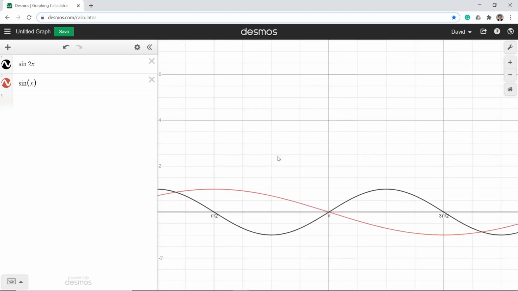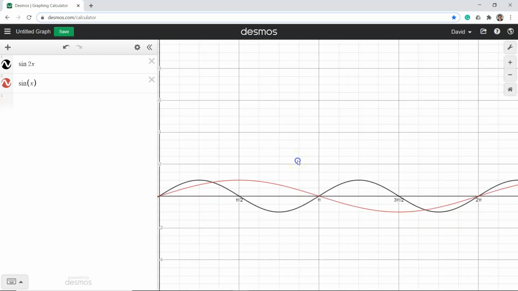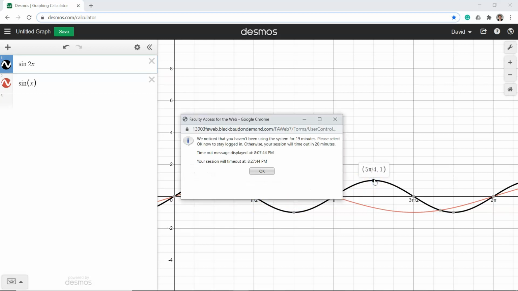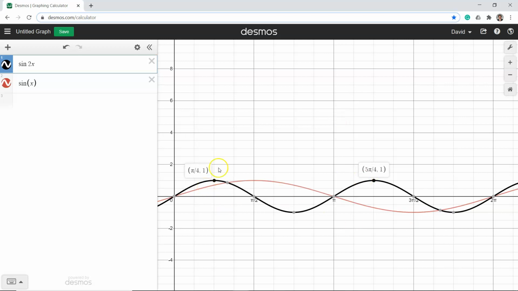So again, from 0 to 2 pi, we get 1 rotation on our red graph, but on our purple one, we get 2 rotations. It repeats after every pi instead of every 2 pi. It's probably better to highlight these points.